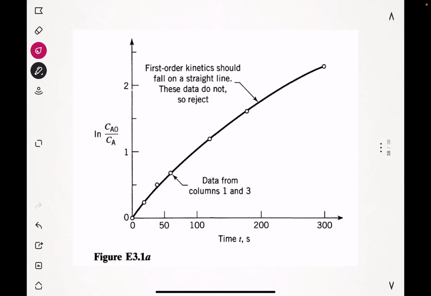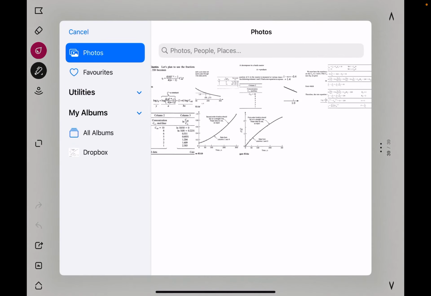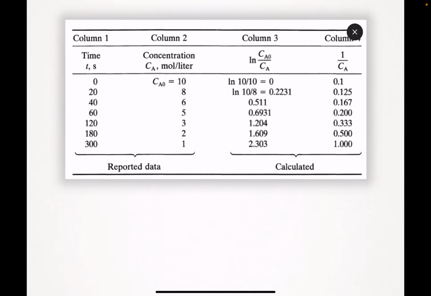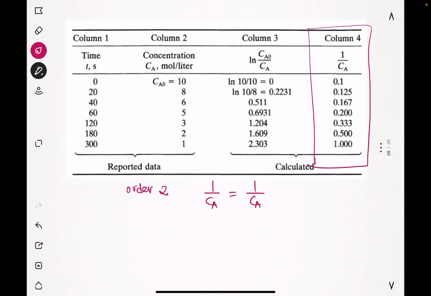Now we move into our second trial. Going back to this table again, in column 4 we have 1 over CA. So for order 2, the expression is, let me rewrite it again.